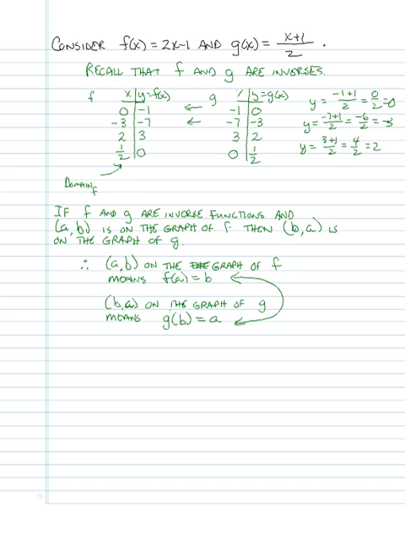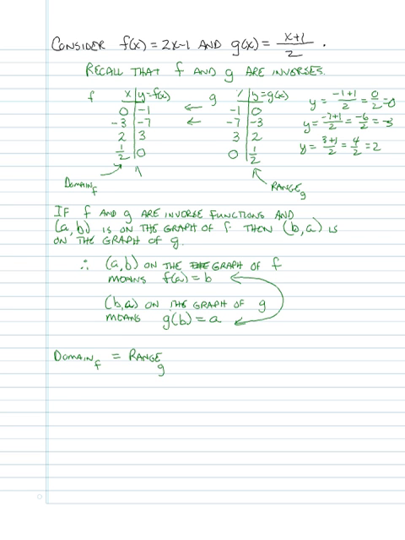And that same list of numbers is over here as y values. And y values represent a range. Okay, so these are values that are in the range of the function g, or its inverse. And so that's the idea that the domain of one function is equal to the range of its inverse function.